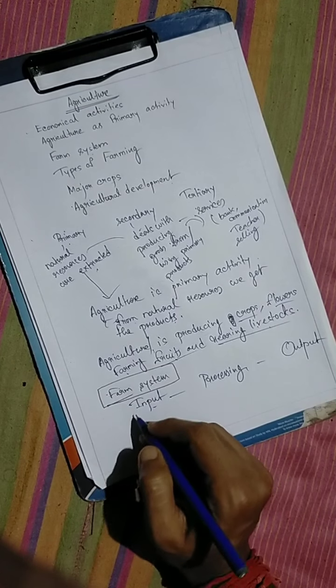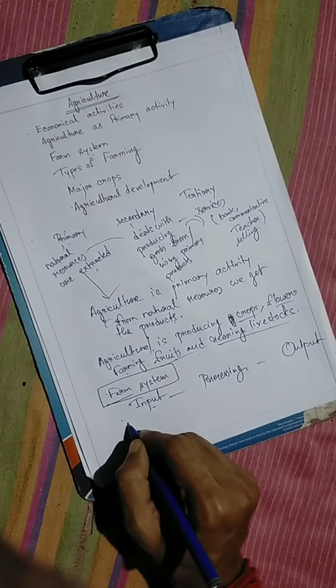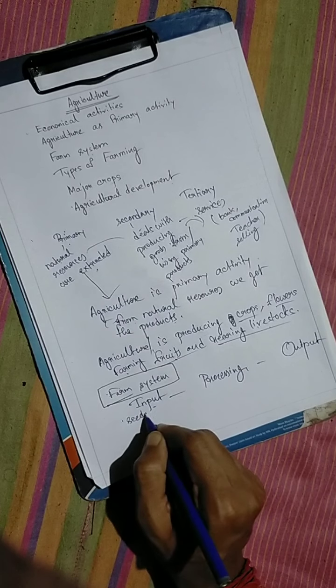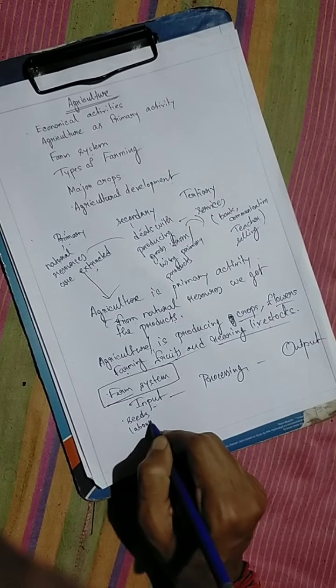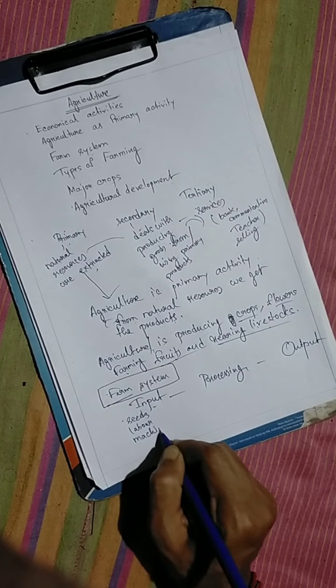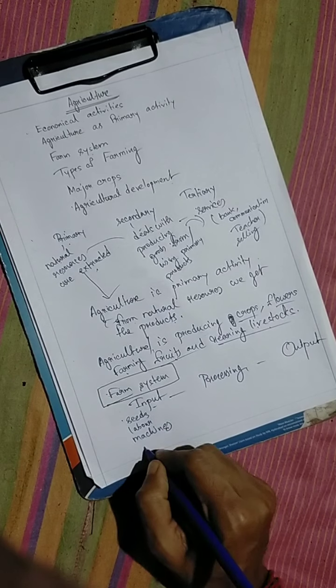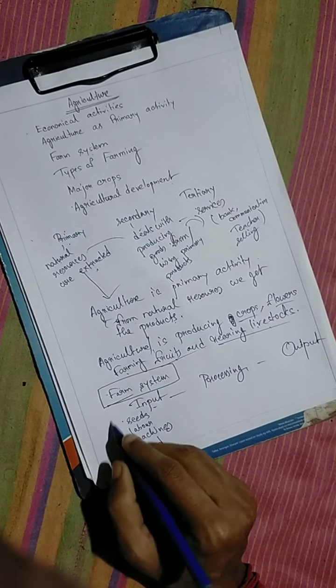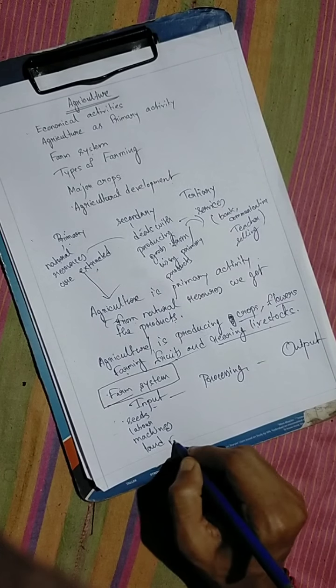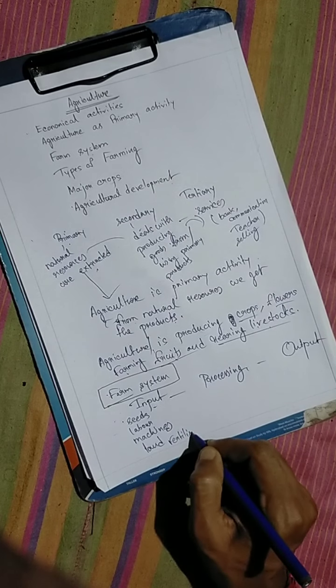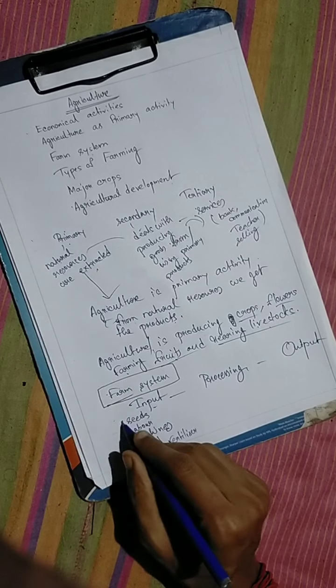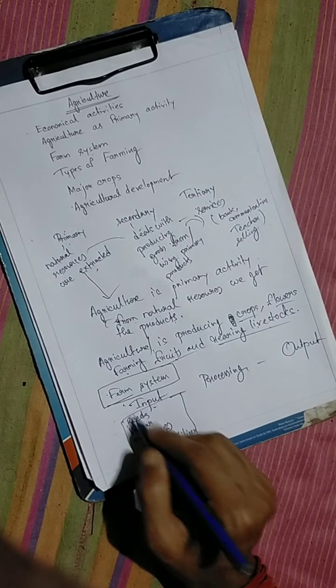In agriculture, inputs are seeds, labor, machines, land, fertilizer and many other things. So they are mainly inputs of farming activity.